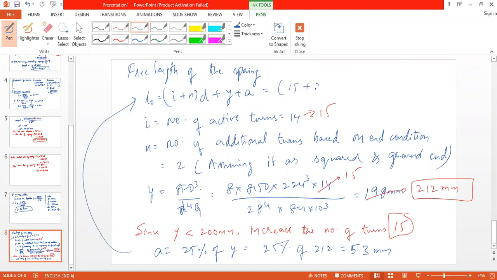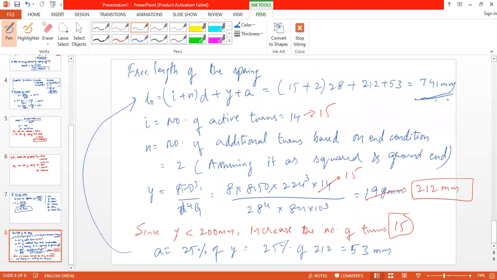That is 15 plus 2 into 28 plus 212 plus 53. 741, sir. That is 741 mm.